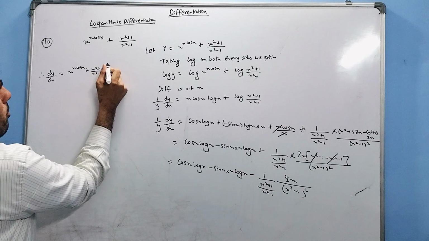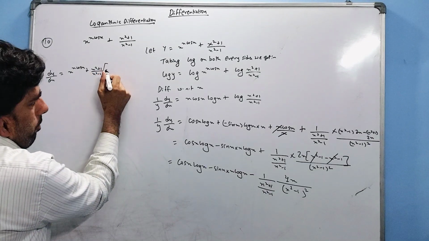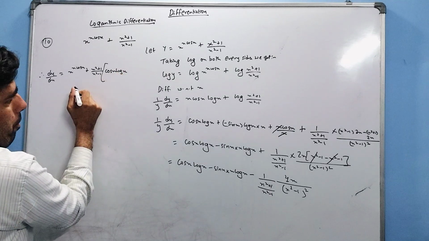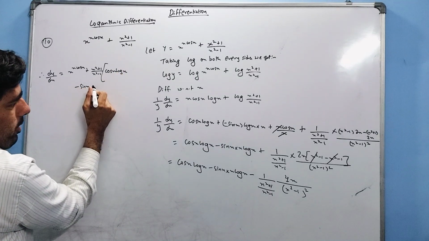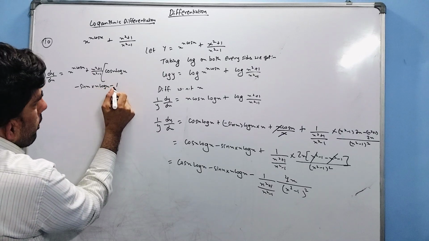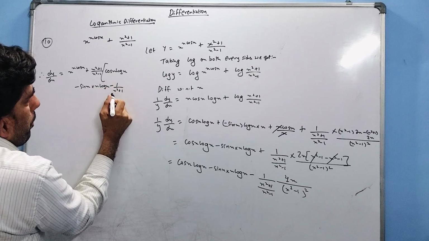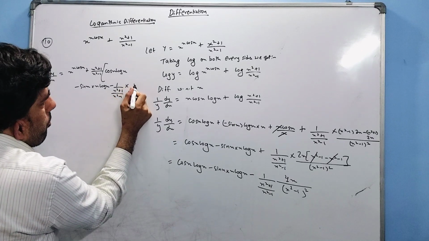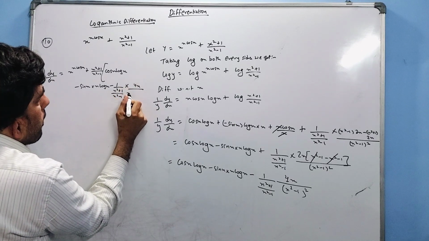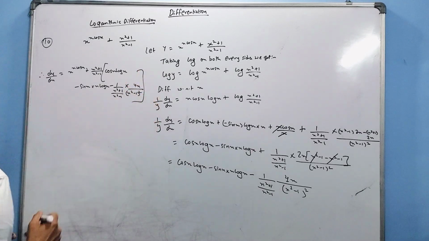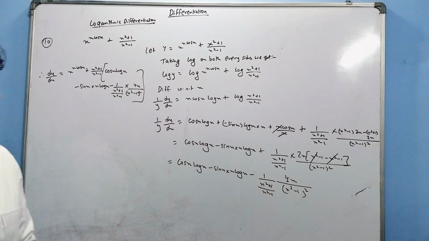Inside this, we have cos x log x minus sin x into x log x, plus 1 upon x square plus 1 upon x square minus 1, into 4x upon x square minus 1 whole square. Okay, so that is how we differentiate it.